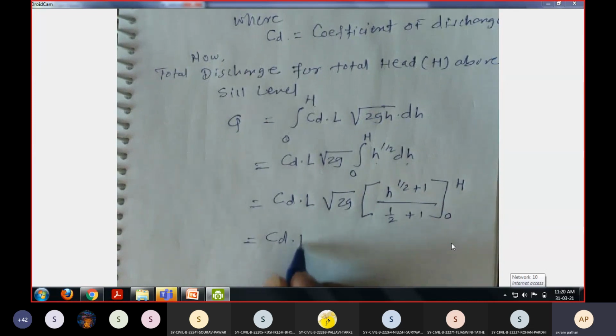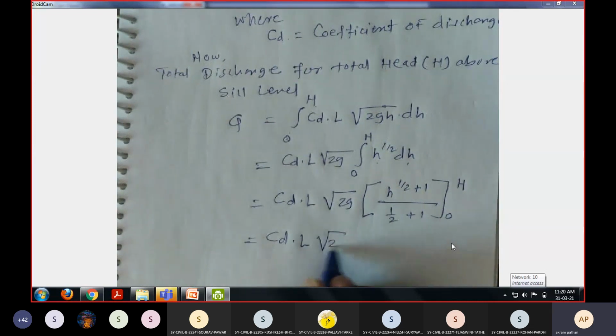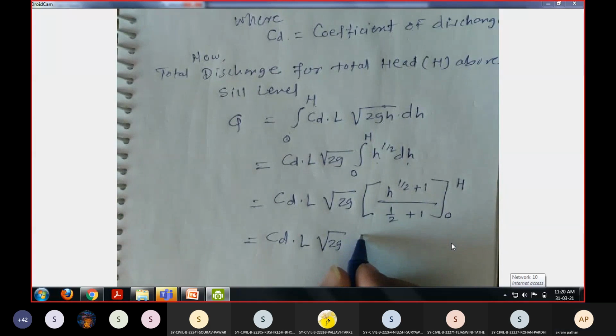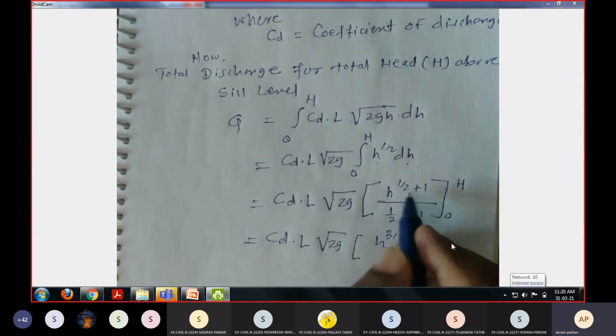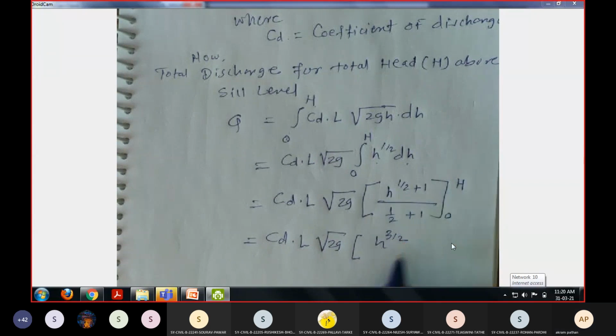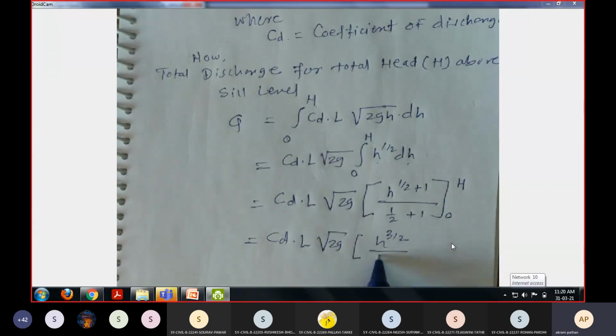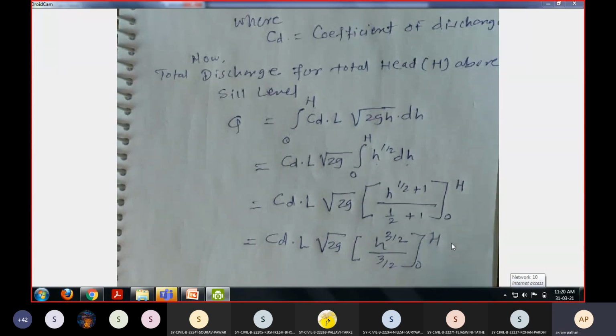So CD L √2G, okay, H raised to 3 by 2, cross multiplication. Okay, so H raised to 3 by 2 divided by 3 by 2, 0 to H.